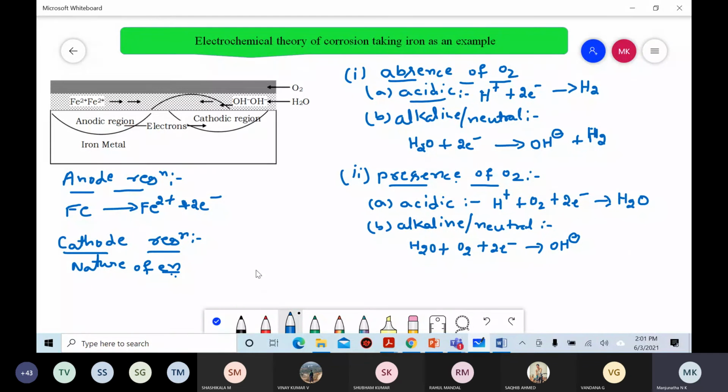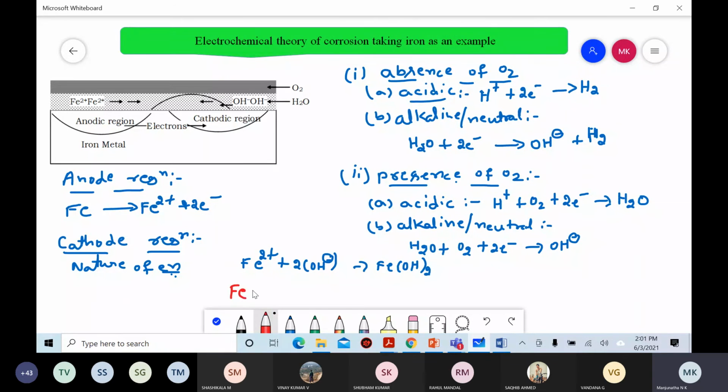Now, the Fe2 plus ions liberated at the anode react with the hydroxyl ions liberated at the cathode. There is a formation of an iron hydroxide layer initially, at the cathodic region. This iron hydroxide layer is unstable in nature.